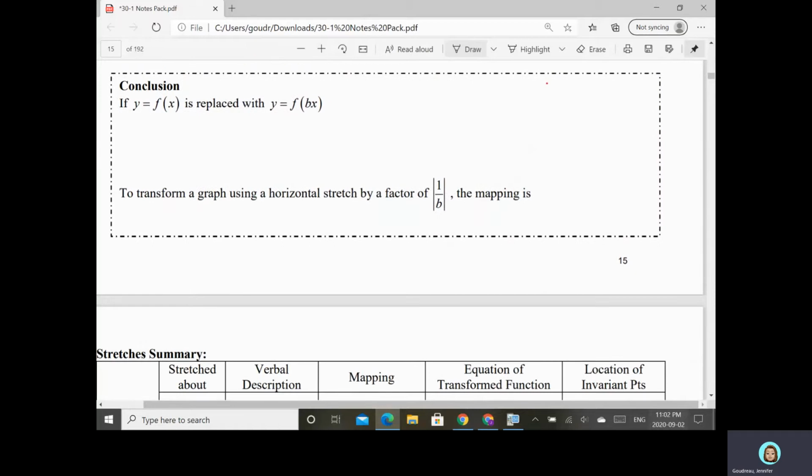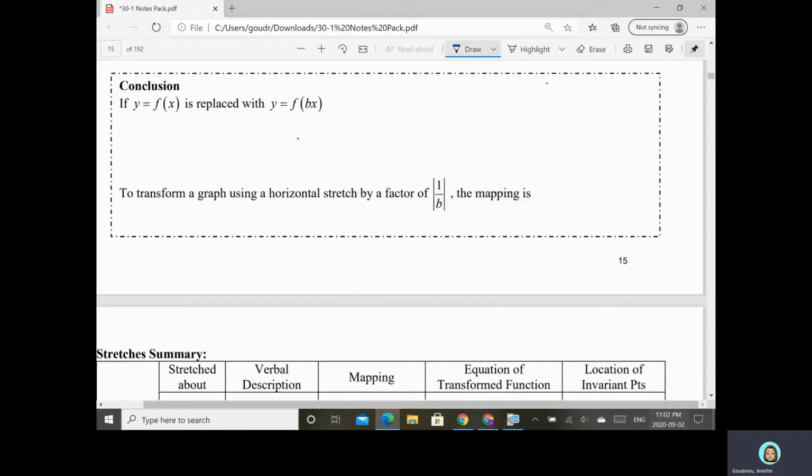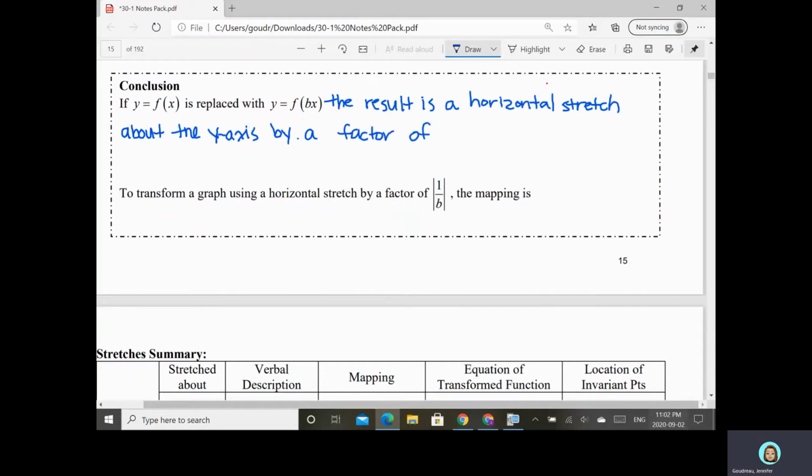If f at x is replaced with f at bx, so if we are looking at that parameter b and we are putting a coefficient in front of the x part of that function, the result is a horizontal stretch about the y-axis by a factor of, we're not going to say b, we're going to say the reciprocal of b, 1 over b.